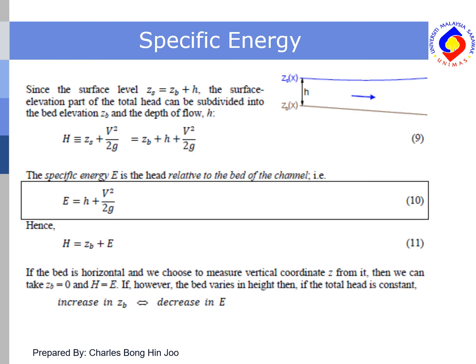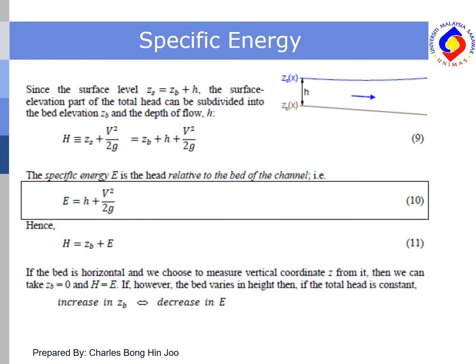So in other words, the capital H is actually equal to Zb, which is the level at the bottom of the channel, plus E. If the bed is horizontal and we choose to measure the vertical coordinate Z from it, then we can take the level for the bed Zb as a datum or equal to 0.